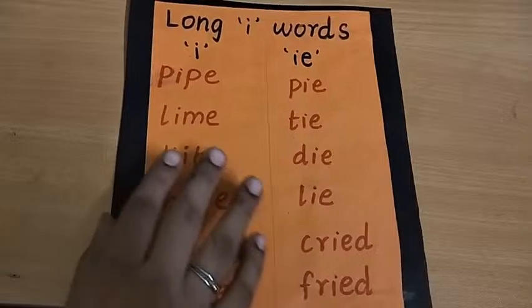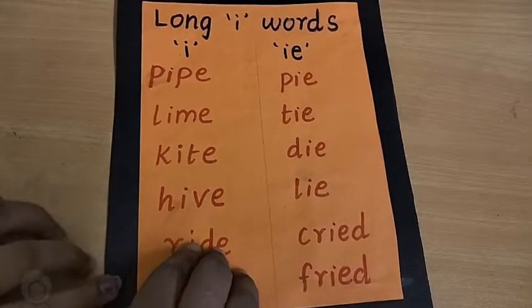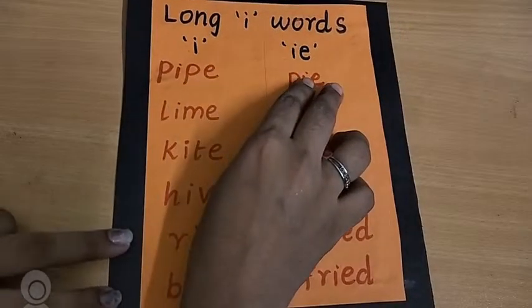Okay, next one, we'll go with the letter. We are going in an order. So we have completed the long vowel words of A, E. So we can go with the letter I. In letter I, I'm showing you two cases.